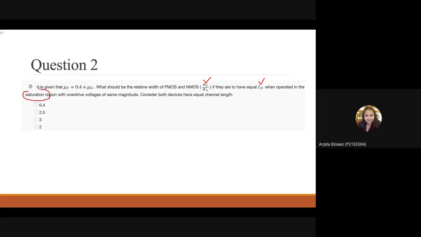ID is equal for both NMOSFET and PMOSFET, and both are in saturation region, with the overdrive voltage of same magnitude. Consider both devices have equal channel length. So channel length LP and LN are the same. Channel length is equal, and ID is equal. IDN equal to IDP, right?